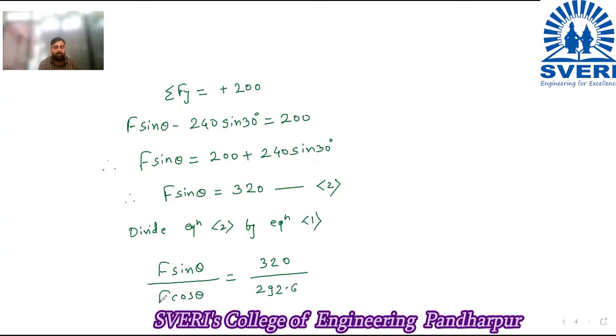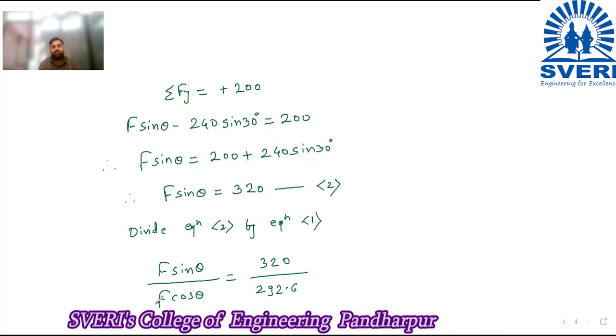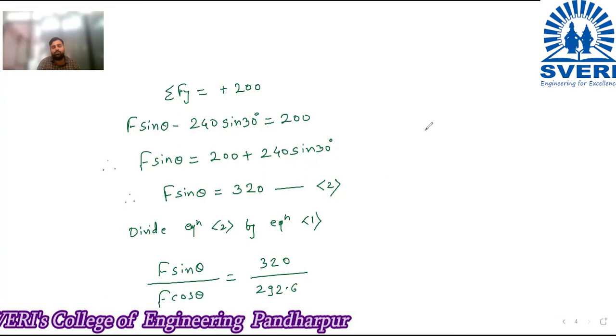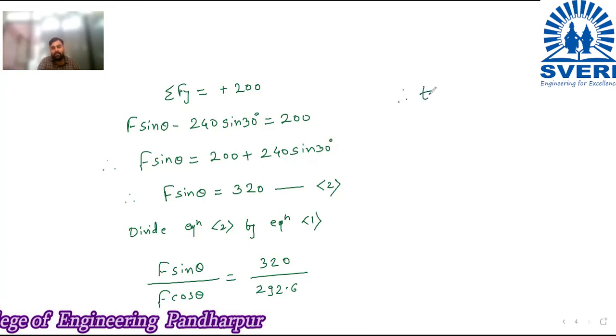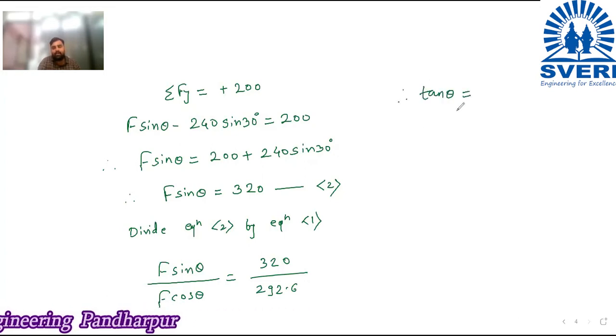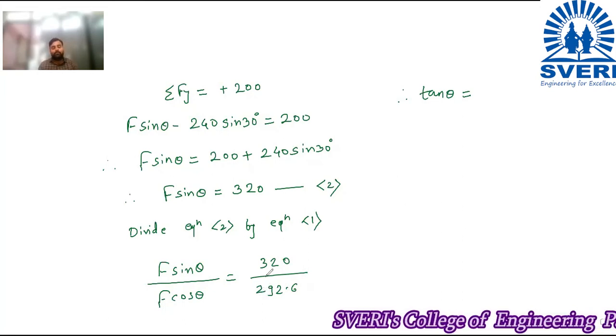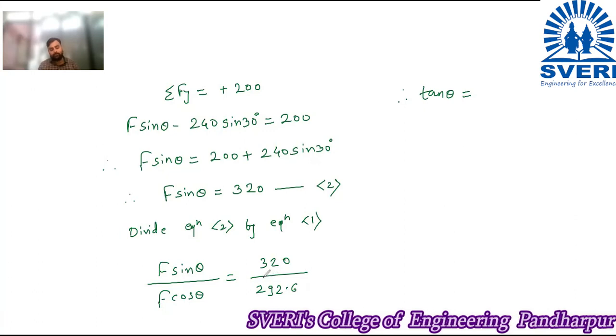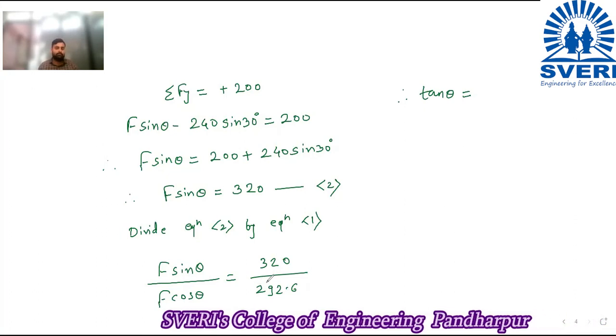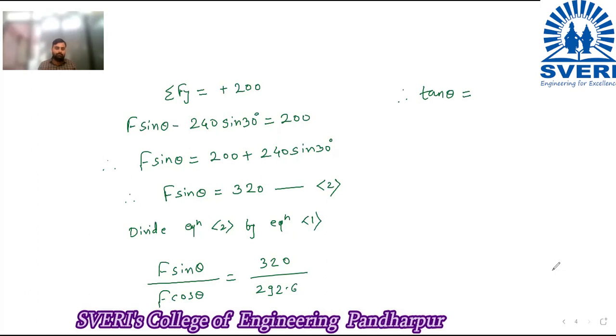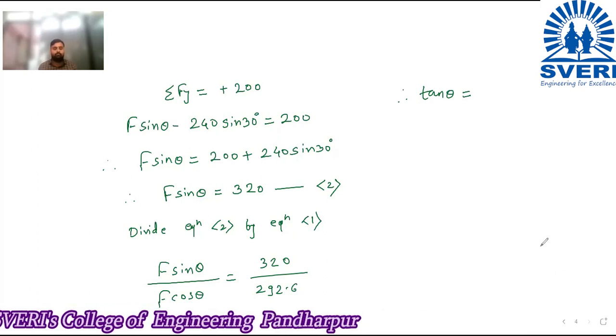So this F will get cancelled. Sin theta upon cos theta means what? It is tan theta. So tan of theta is equal to, what is the calculation? 320 divided by 292.6. 1.09.